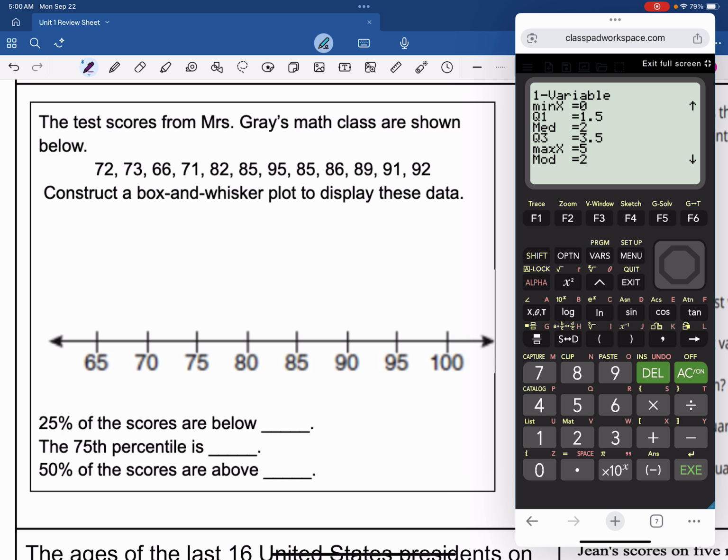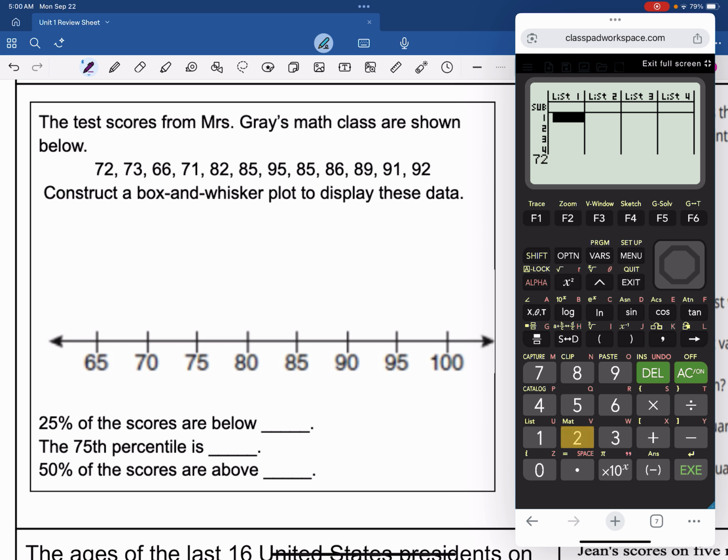So I'm going to go here. I'm already in the stat, so I'm just going to hit exit, and then I want to clear out all of this data, so I'm going to hit delete, delete, delete, delete. And then I'm going to enter the new data set.